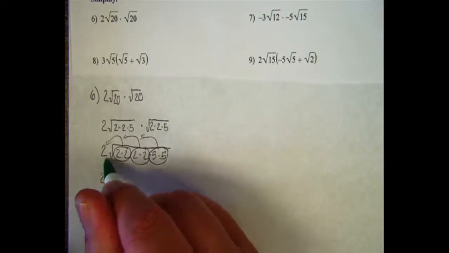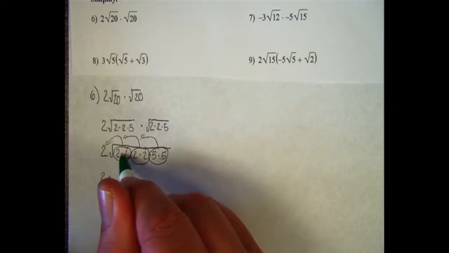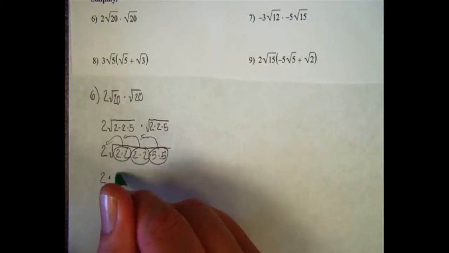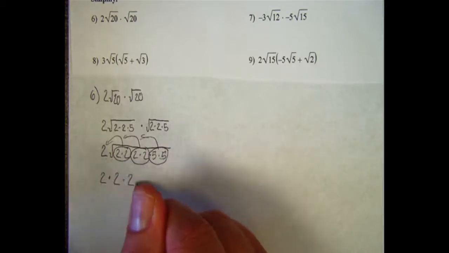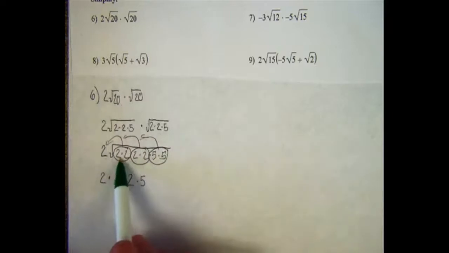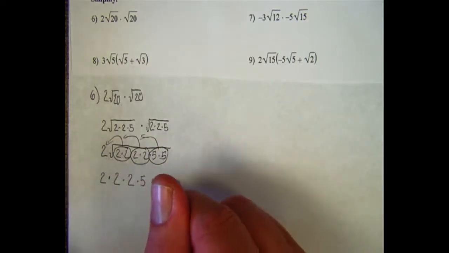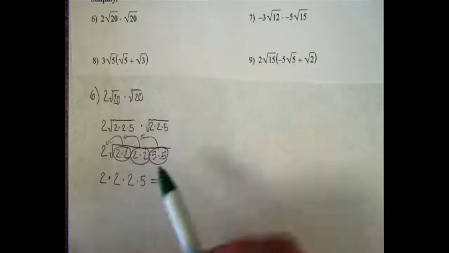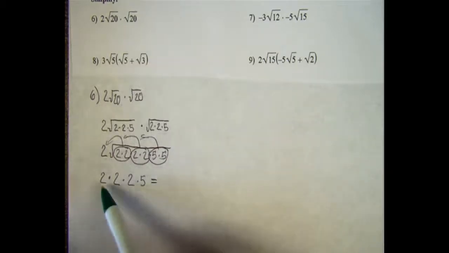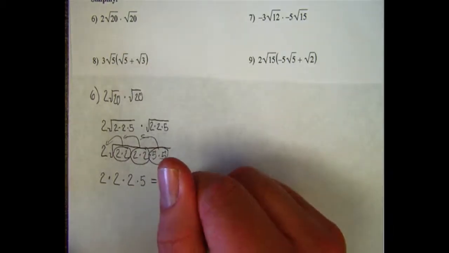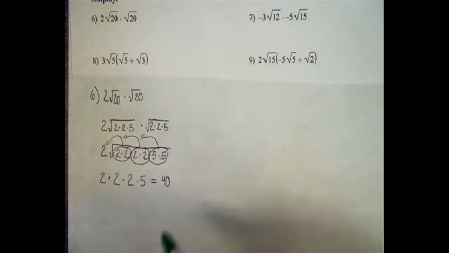So I would get this 2 times the square root of 2 squared, which is 2 times 2 times 5. I don't have anything left under the radical, so that all just goes away. And so I'm left with an answer of 10, 20, 40. And so that's the simplified version of this.